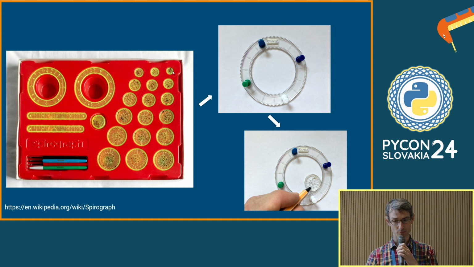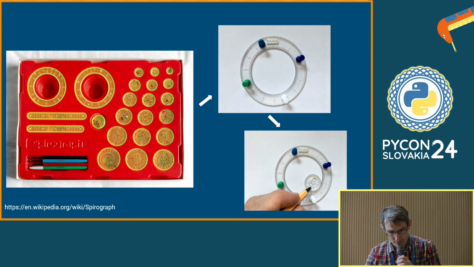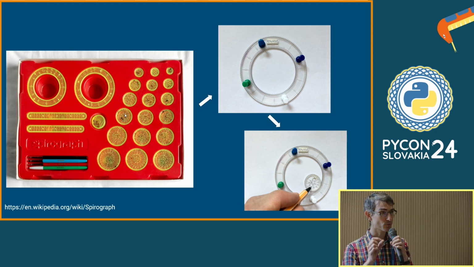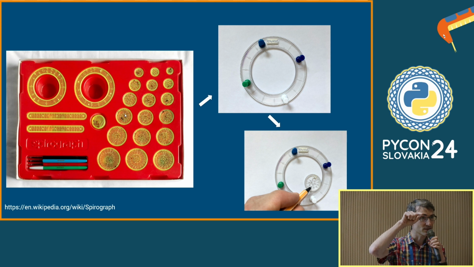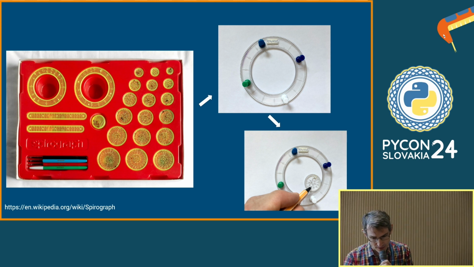You select the wheel, pin it to the paper, and then you see it has cogs, because the second important part is a set of these small wheels, and you select one, place it inside of the large one, and then if you look carefully, each of those small wheels has holes in it.